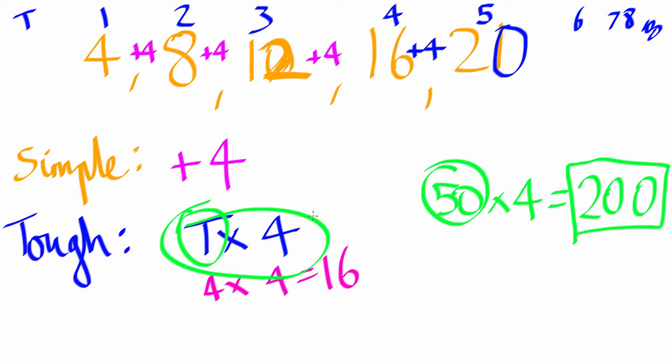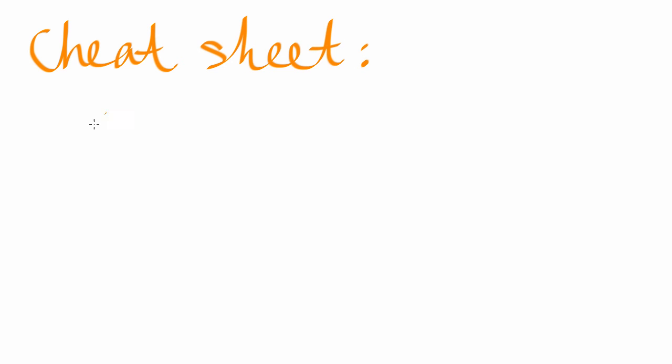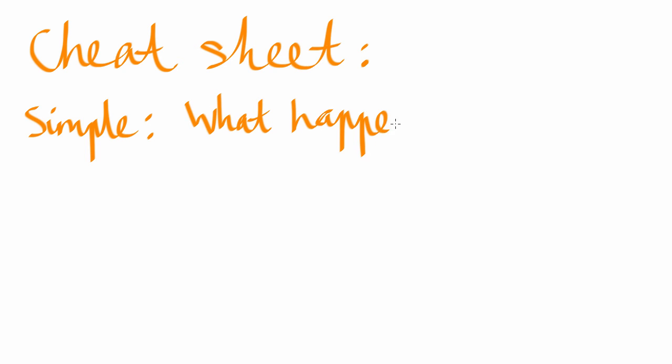Okay, good. So year 6, on your cheat sheet, you should now have something like this. First, you find the simple rule, which is what happens each time.